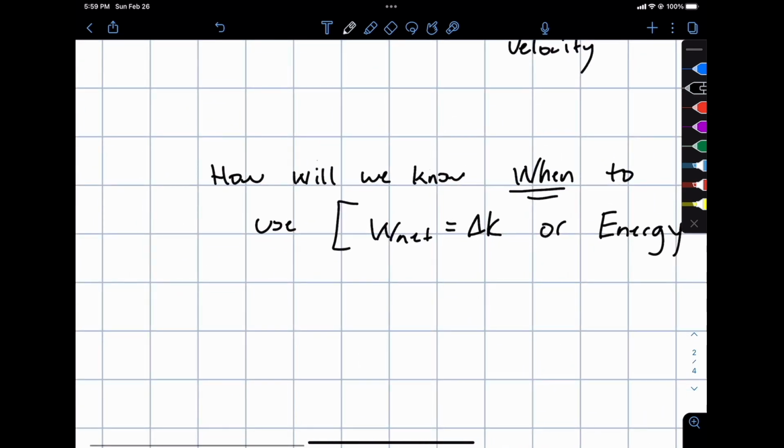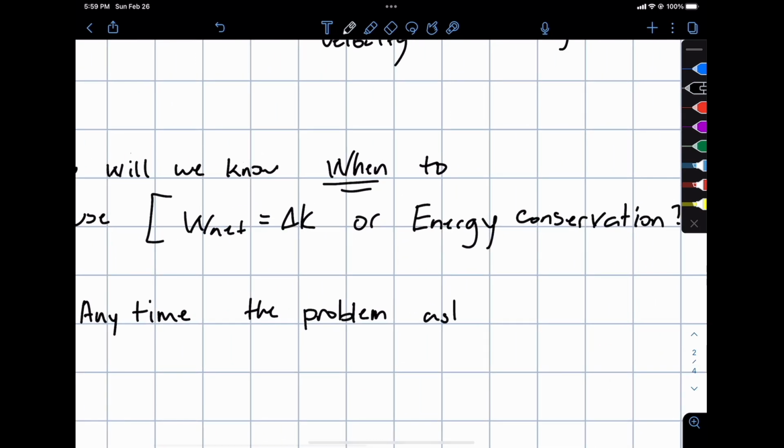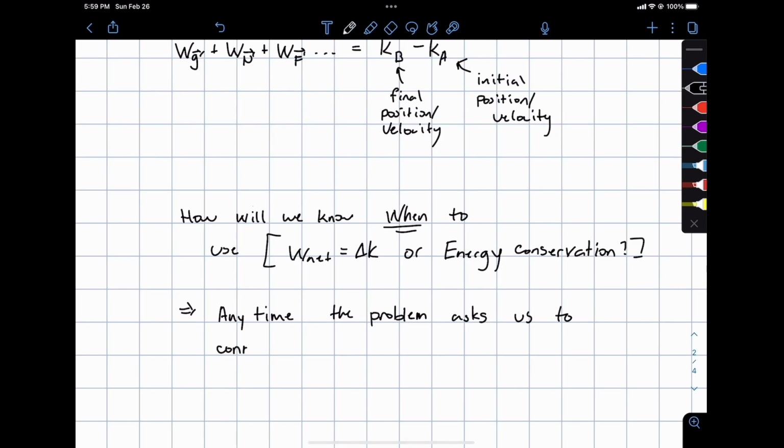Well, anytime the problem or question asks us to connect two speeds at two locations.